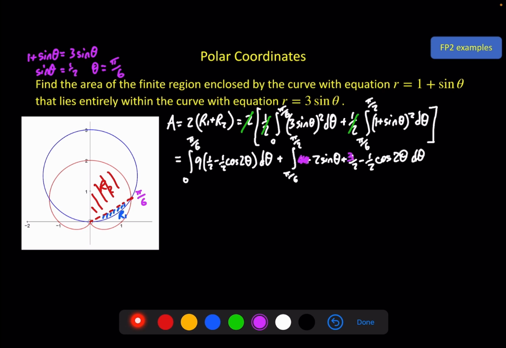I'll also open this bracket to make that a 9 over 2 there and there.